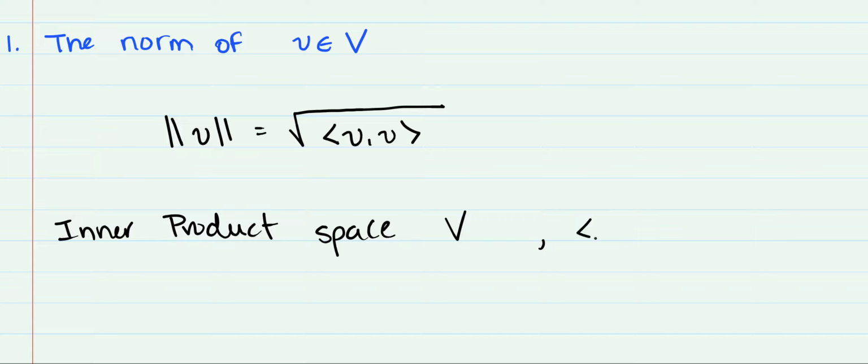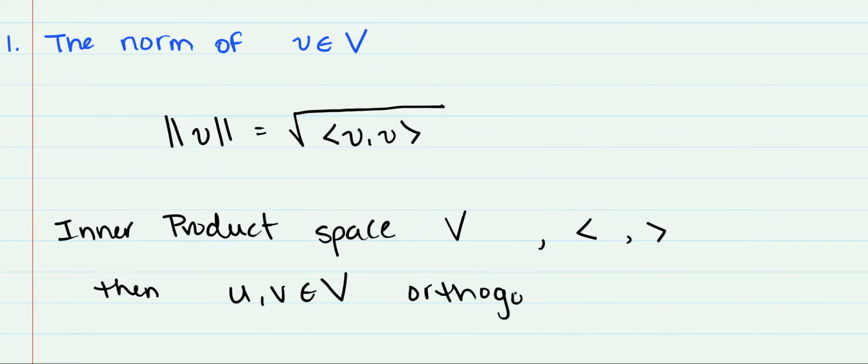Okay. We can also say that if we have an inner product space, and we have this inner product, then we can call two vectors, u and v, in capital V orthogonal if the inner product of u with v is equal to 0. So it's exactly what you think of when you think of two things being orthogonal.